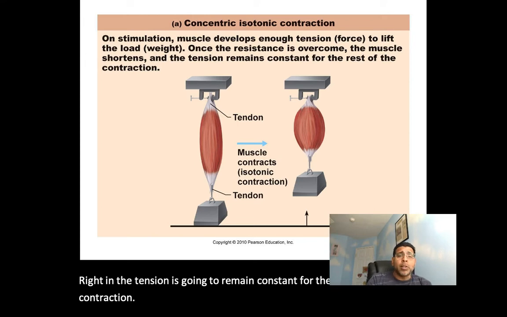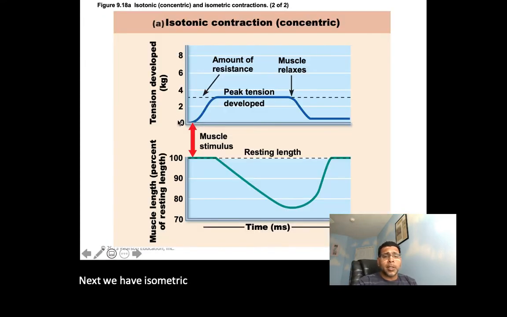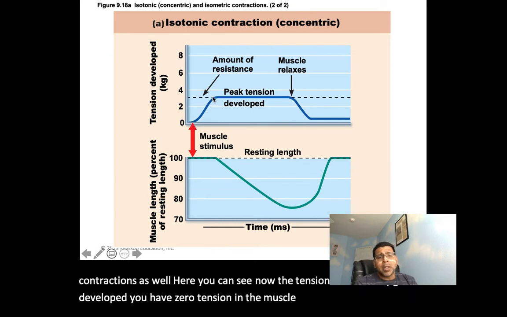Next, we have isotonic contractions as well. Here you can see the tension that gets developed, from zero tension in the muscle to about 3 kilograms of tension.